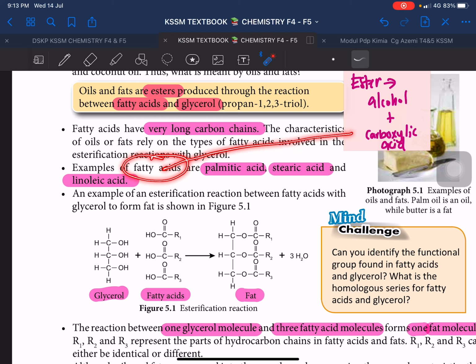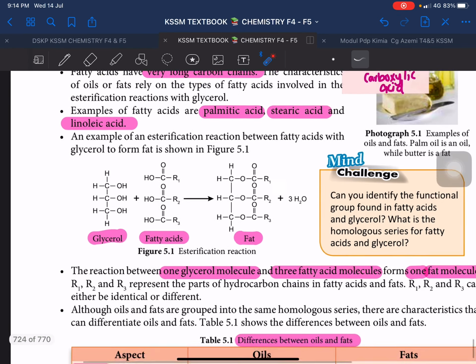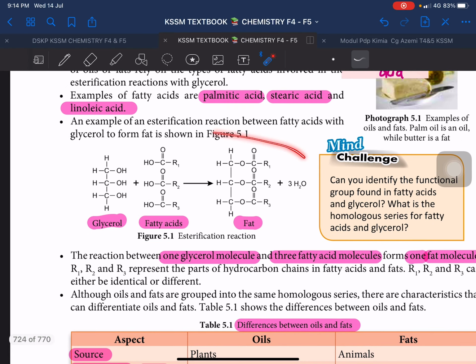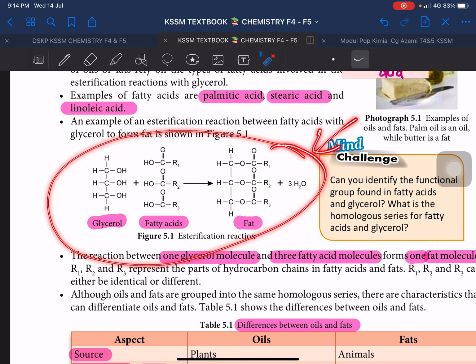Remember, the carboxylic acid we learned has the general formula CnH2n+1COOH. Examples of fatty acid are palmitic acid, stearic acid, linoleic acid. Those are the examples of fatty acid in oils and fats. These are the examples in your textbook, so please remember, there are no other examples.